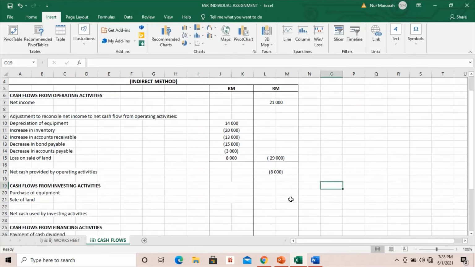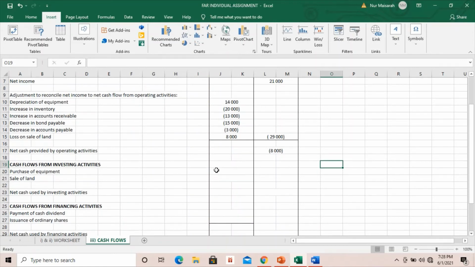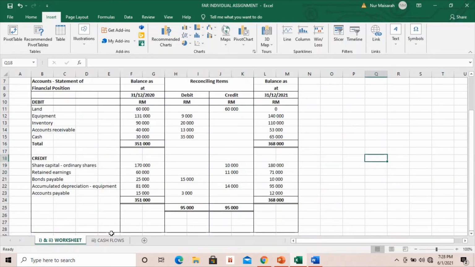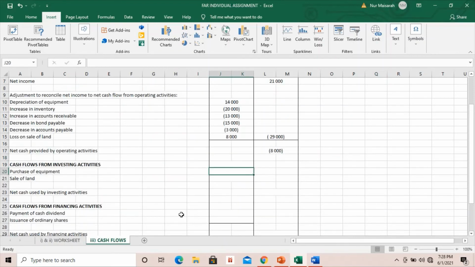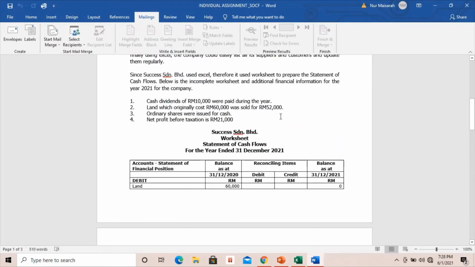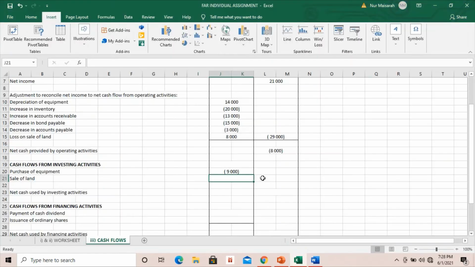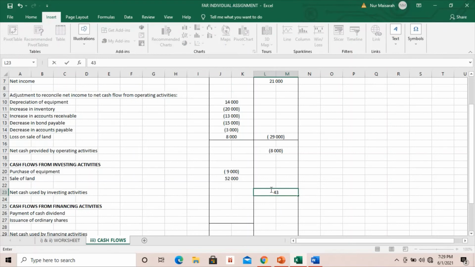And then cash flows from investing activities include the purchase of equipment, which is 9,000. So we must deduct the amount. And then for sale of land, we take the 52,000. And then we total up, we will get 43,000.